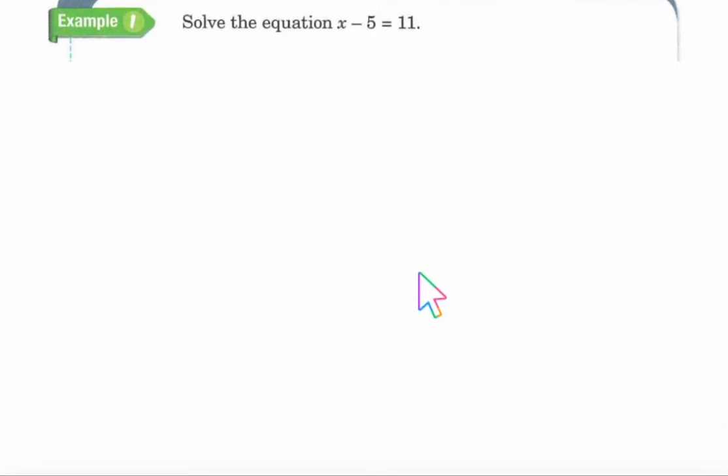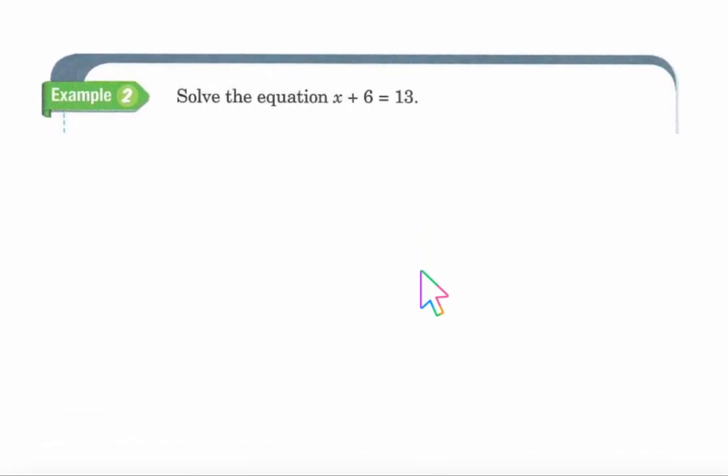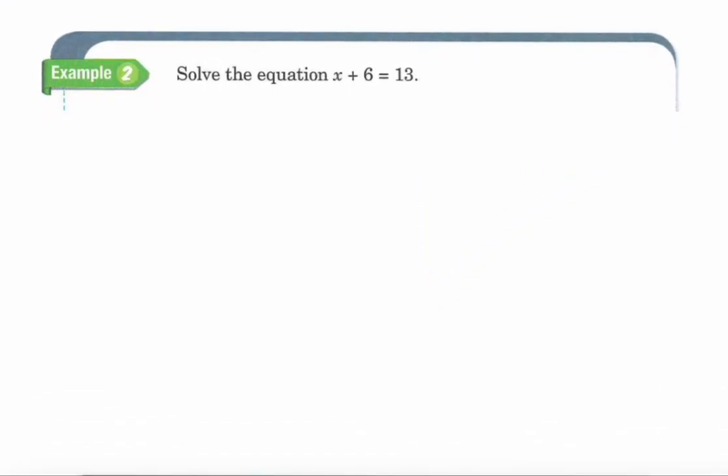Let's try another example using our inverse operations to keep our equations balanced. This one says to solve the equation x plus 6 equals 13. Go ahead and pause the video and try it on your own first. All right, I'm going to draw a line down where I see my equal sign to show the left-hand side and the right-hand side.